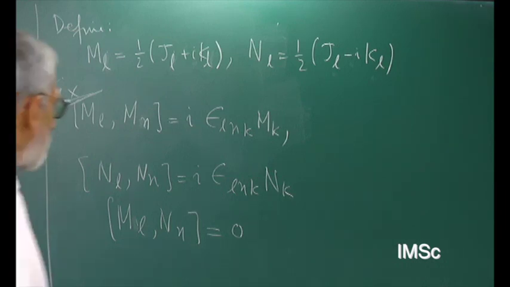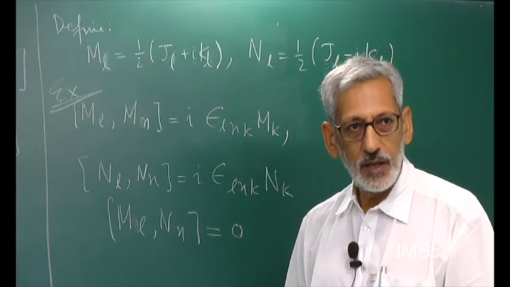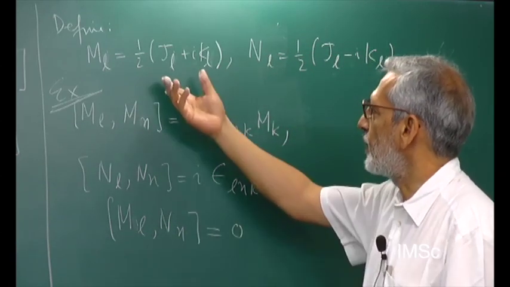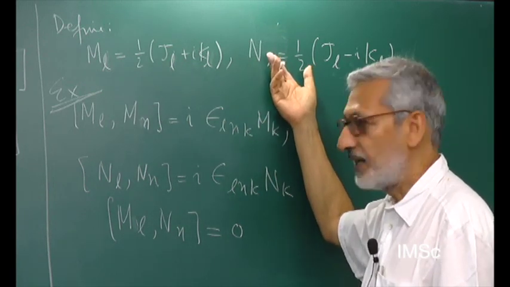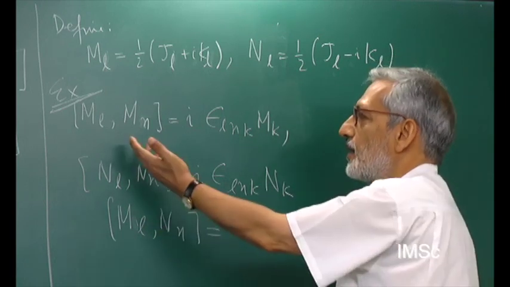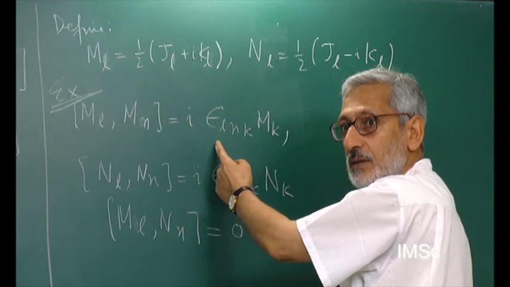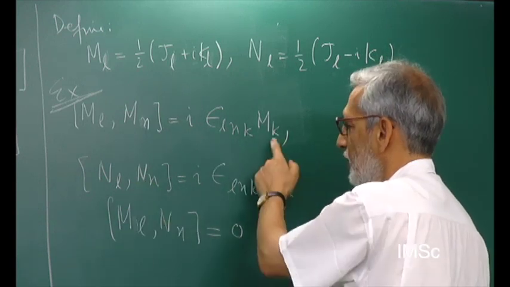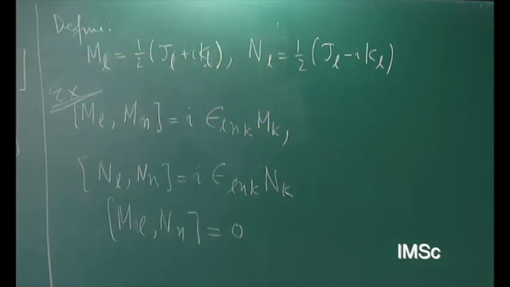But what does it do? It has a very nice property. What it has done is the original generators of the Lorentz group have broken into two sets, corresponding to M's and N's, 3 M's and 3 N's. And their algebra is such that it closes. M's close amongst themselves, N's close amongst themselves, and M and N don't talk to each other. And each of these is the algebra of an SU2.